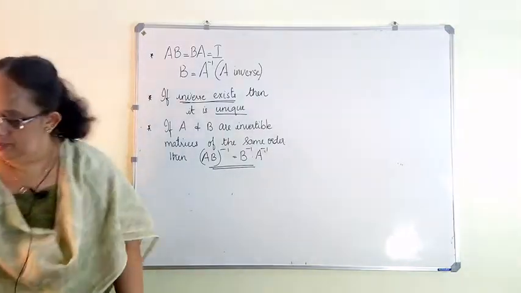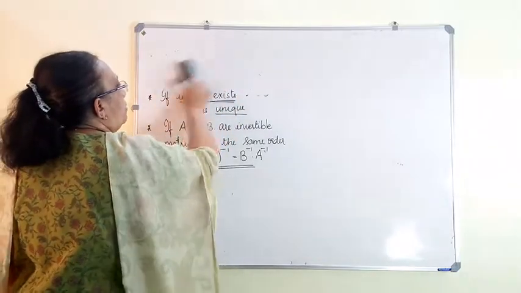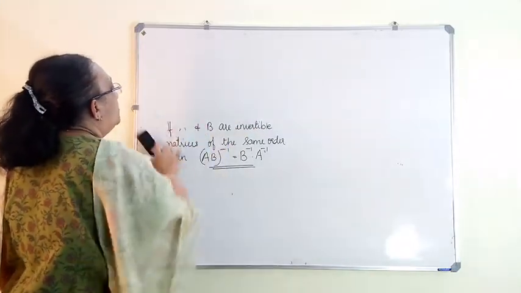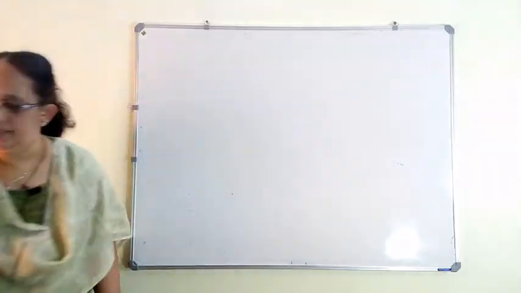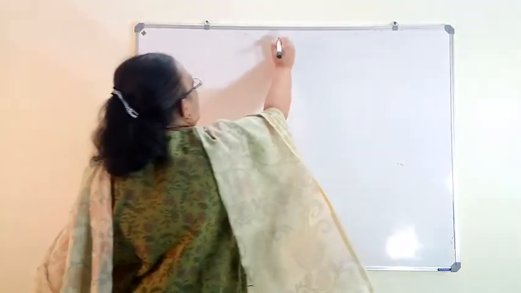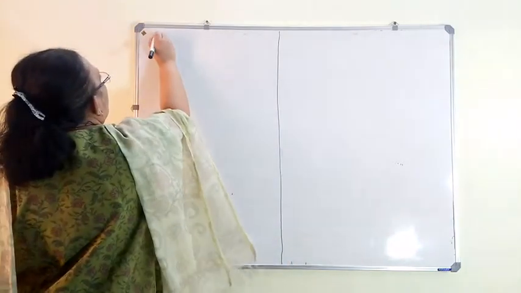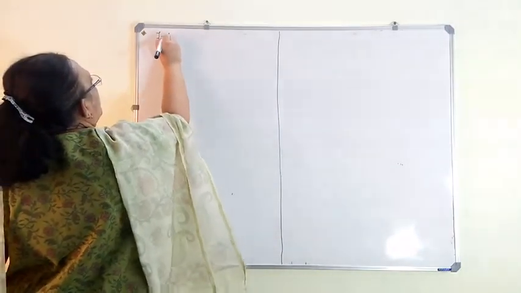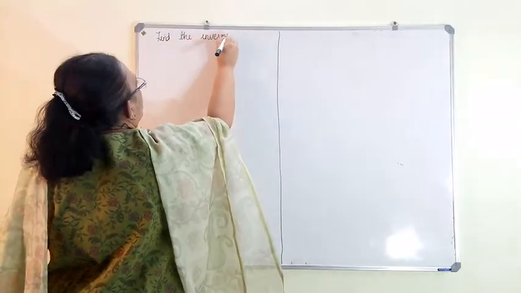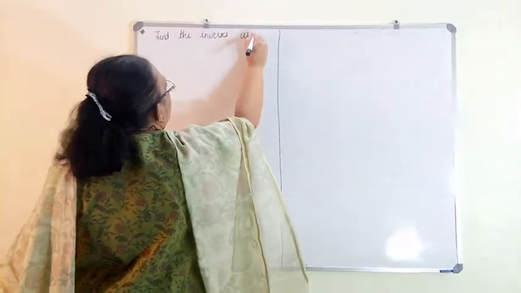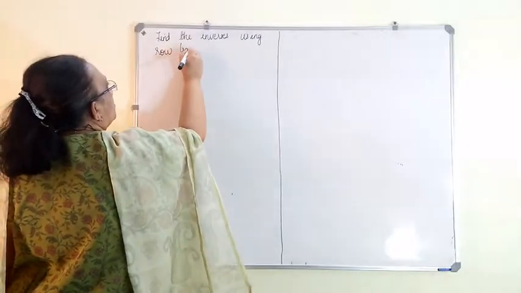Okay, I hope you all understood the properties. Now, we are coming to the question. We are going to find the inverse of the matrix using row transformation or column transformation. Find the inverses using row transformation.